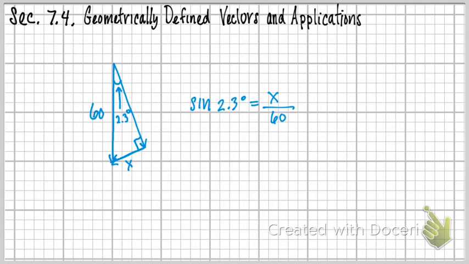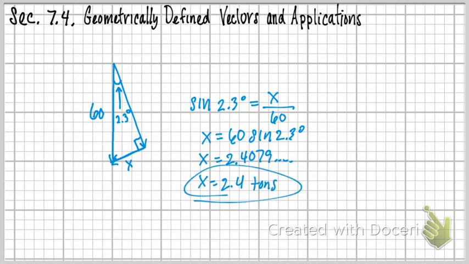So if I wanted to solve this, x would equal 60 times the sine of 2.3 degrees. That would result in x equaling 2.4079 and so on. And that tells me x is going to be 2.4 tons. So there's our answer for that problem.